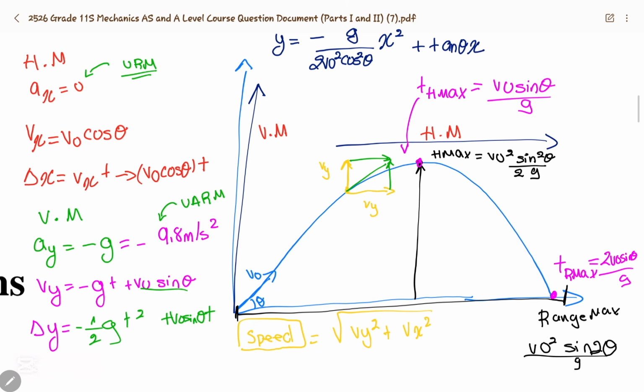Very, very, very important. This over here is the final equation, the projectile equation, which if you substitute anything, you can literally find everything. So basically, this is a quick brief recap and summary of the chapter. There is nothing left to explain.